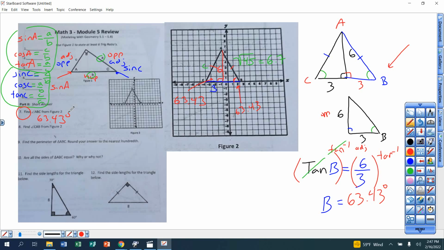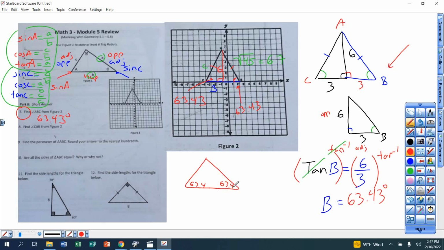And then angle CAB, which is this one up here, I'm doing the trick where the three angles of a triangle always add up to be 180. So if I know this is about 63, and this angle right here is about 63, that missing angle has got to be what it takes to add up to 180.